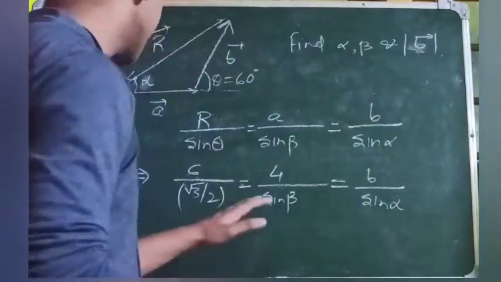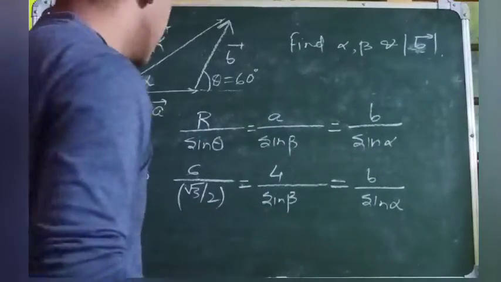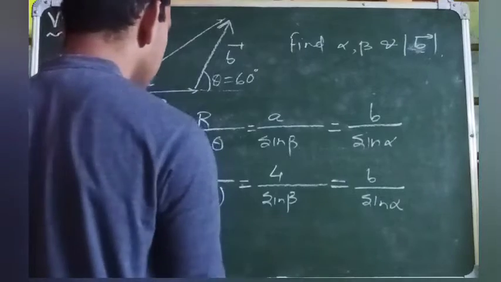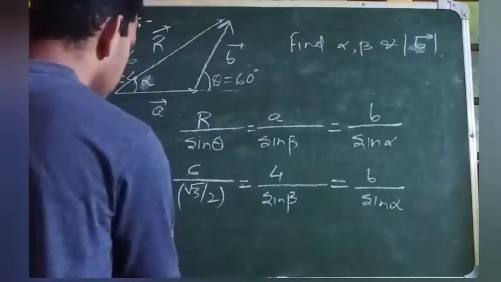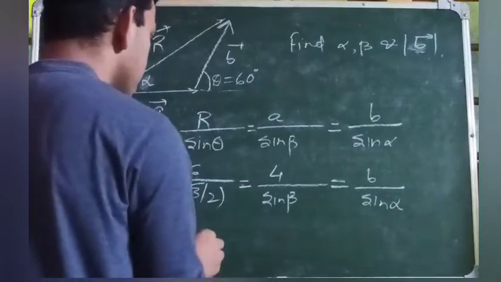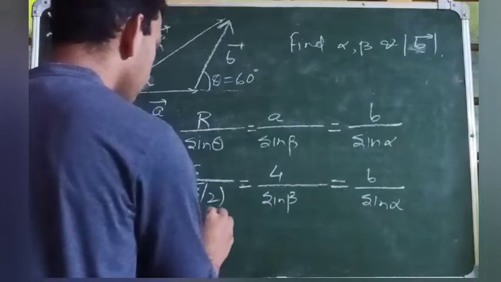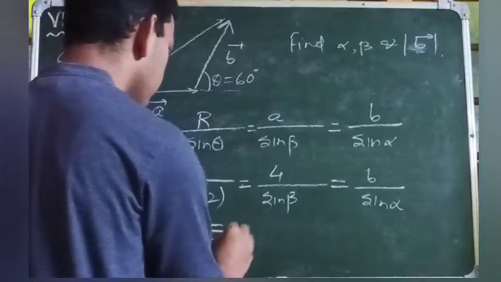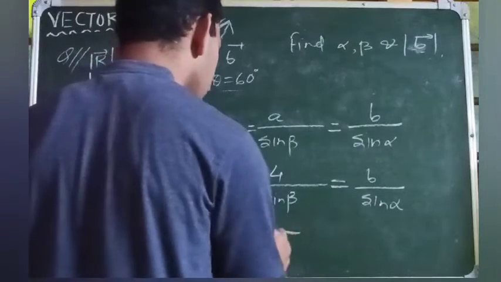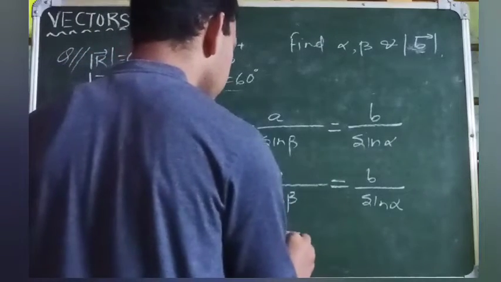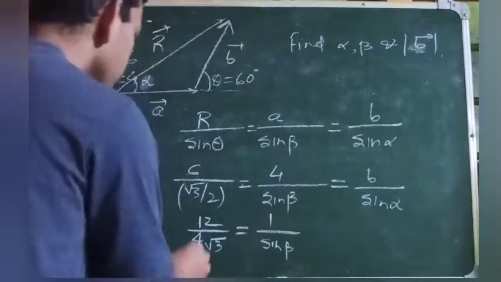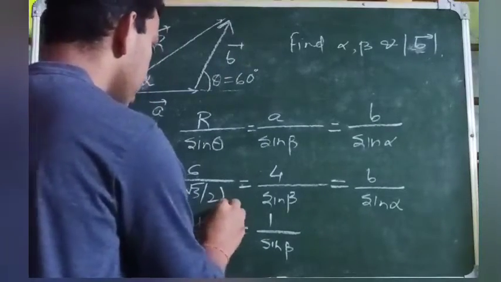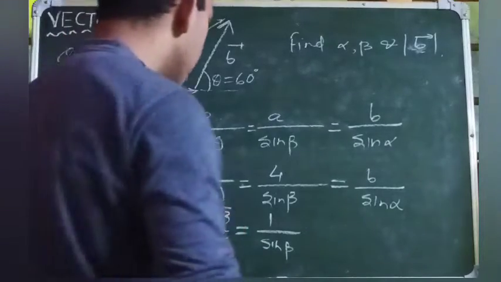Now, from this expression, we are going to get the value of beta. We can further simplify: 6 upon root 3 by 2, that is 12 upon root 3, equals 4 upon sine beta. Here we can cancel 4 and 3 with 12, root 3, and we are going to get root 3.